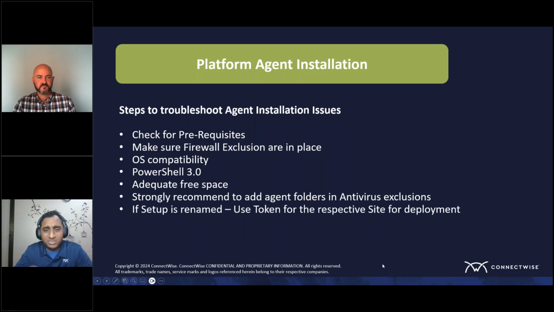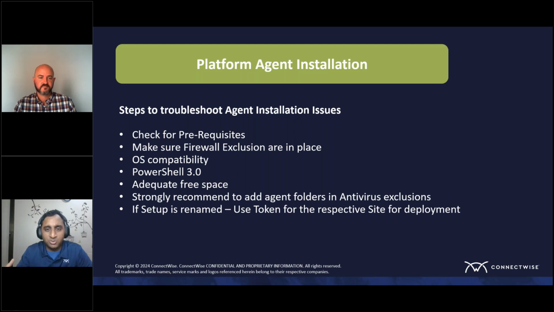From a disk space perspective, it just needs very little, like 200 megabytes for the installation on the drive, overall for data collection and processing of that data. Now, one of the most important parts that we have improved is using tokens. At the end, when we are done with these slides, we'll move to the demo side of it. I'll show that you could download this setup and there are tokens made available.